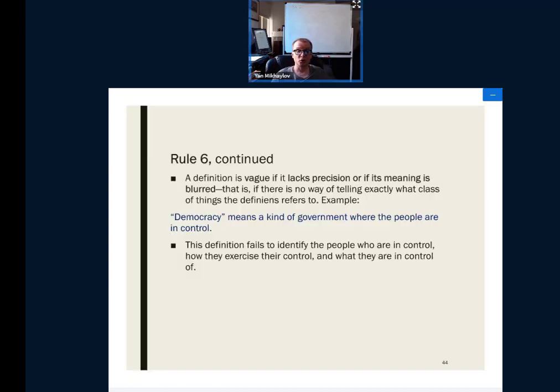Vague. It should avoid vagueness. An example of a vague definition: democracy means a kind of government where the people are in control. On the first reading you may think, good definition, what's the problem? Well, the problem is that it pretty much covers any type of government, isn't it? People are always in control. I don't know any governments governed by aliens from outer space. It's always people. The question is, who are these people and how did they get there?